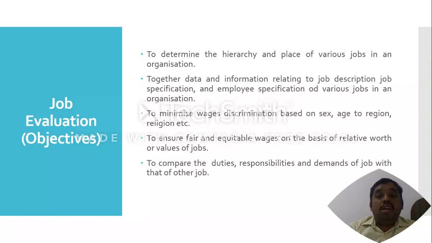And also they compare the demands of one job with those of another job. What is the demand and what is the requirement for this job and that job? They find out the priority and prioritize which person is to be appointed first and which nature of job should be filled first. For example, if the cleaning department requires 2 people, they give it major importance and try to appoint immediately.